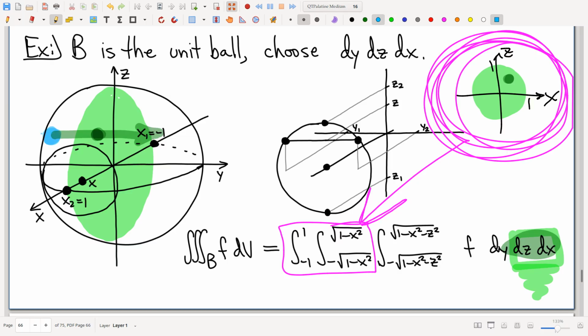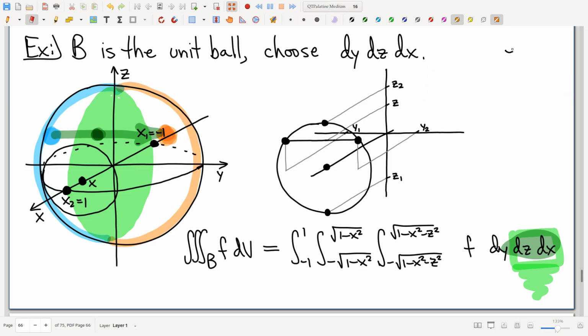What surface is the starting value of y on? That hemisphere. Where is the ending value of y? It's going to be on that hemisphere. And I can write down the equations for those hemispheres pretty easily. Let me just go ahead and do that.